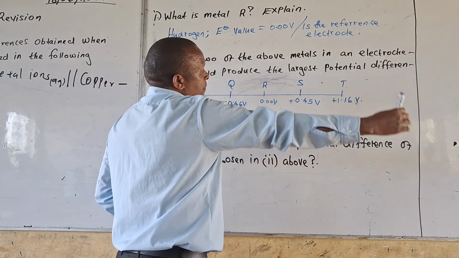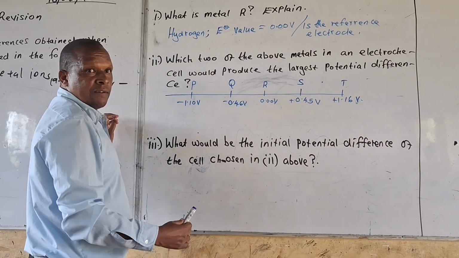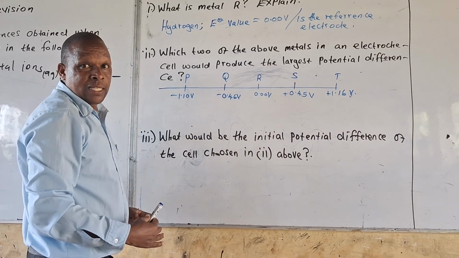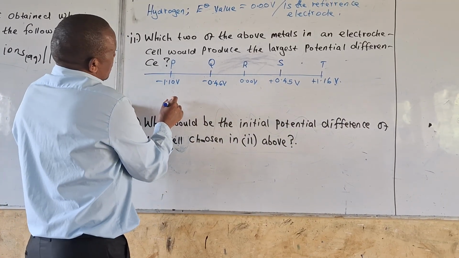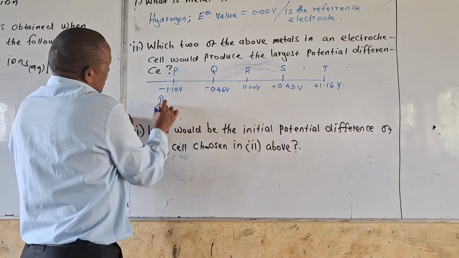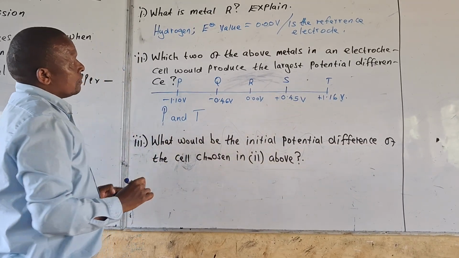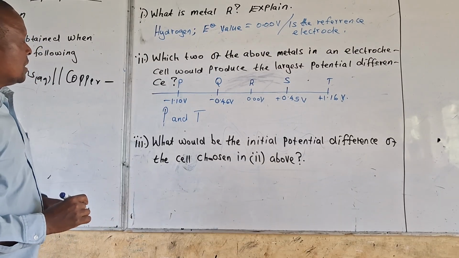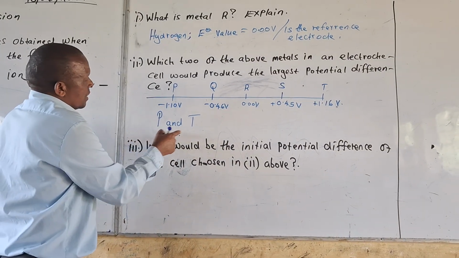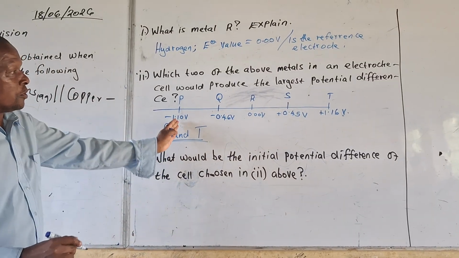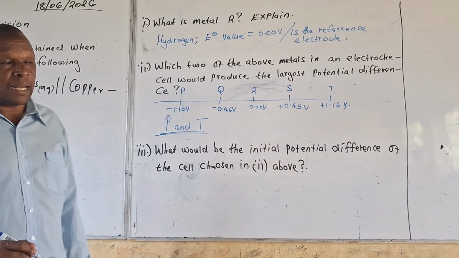The one which is far right and the one which is far left, whereby the space in between is large. So it will be P and T. The metals are metal P and metal T. So this is the response, and this is how we got the response, by drawing the number line.